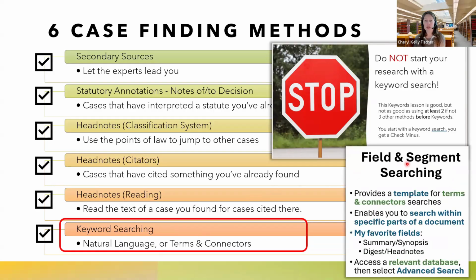So you're going to use the fields and segments search to search just the synopsis or the headnotes or both together, because if your keywords are in the headnotes, that case is about your keywords. That case is more worthy of your time than a case where your keywords don't appear in the headnotes, right?